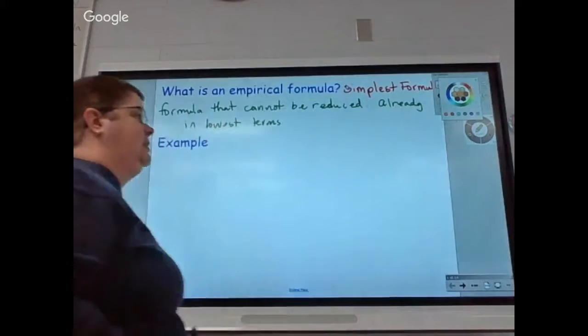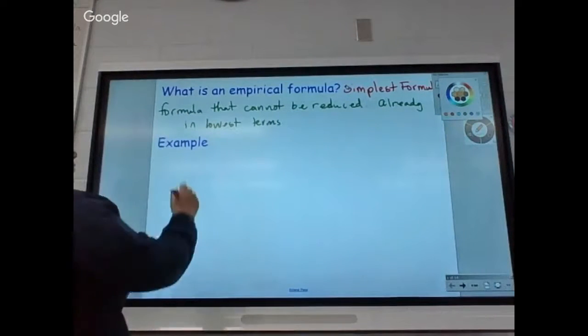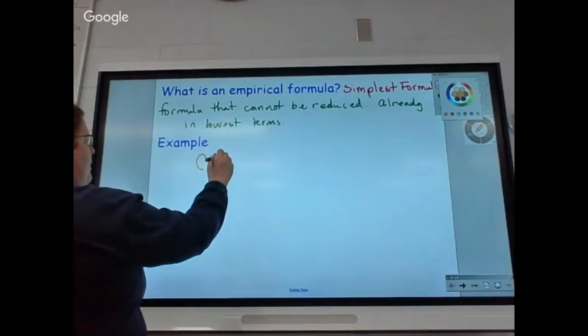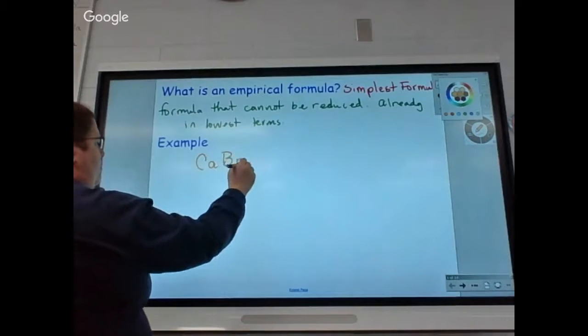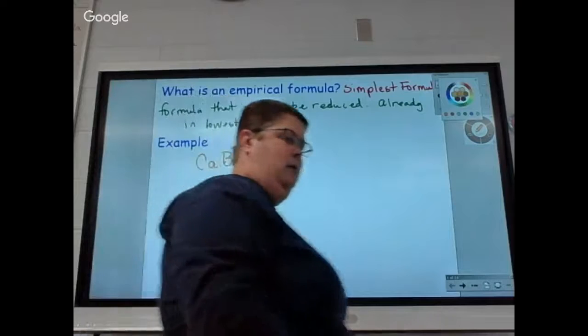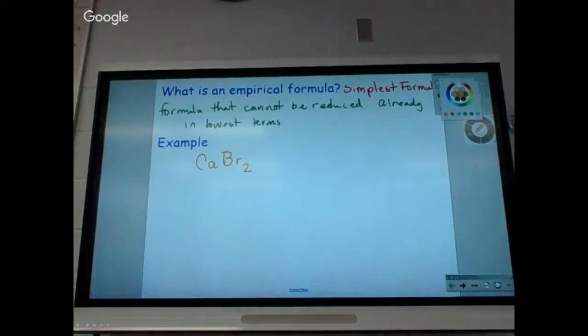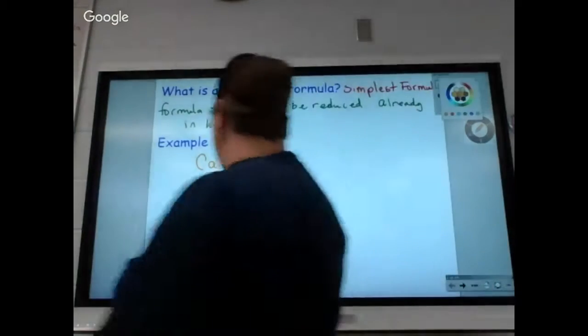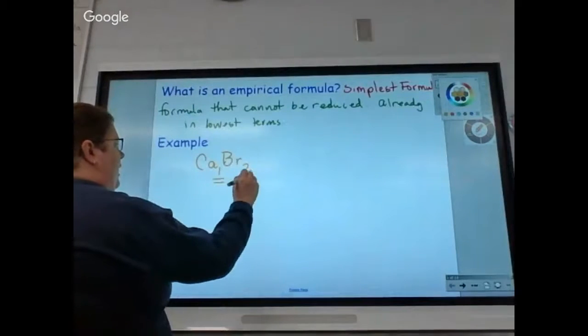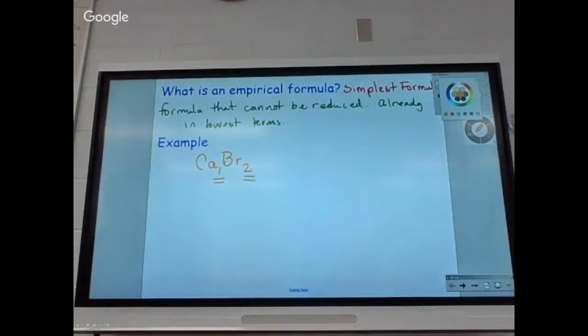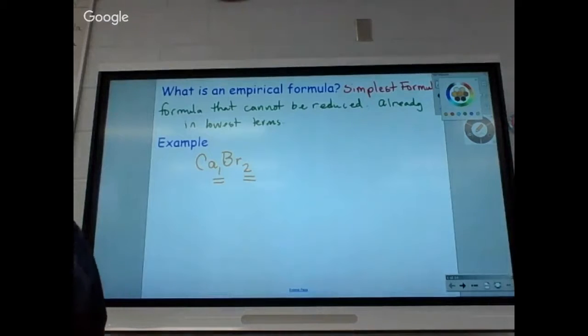So, to give you an example of this, if you have something like CaBr2, Ca has what subscript on it? And Br has what subscript? Can a 1 and a 2 be simplified? No, it is an empirical formula.